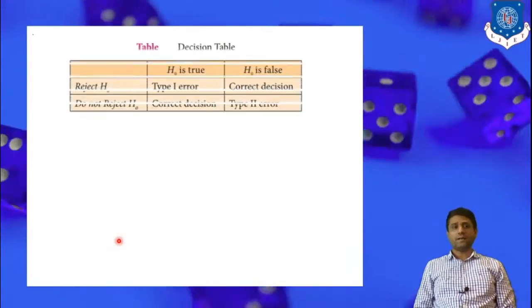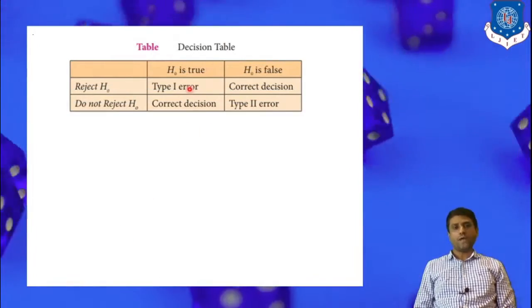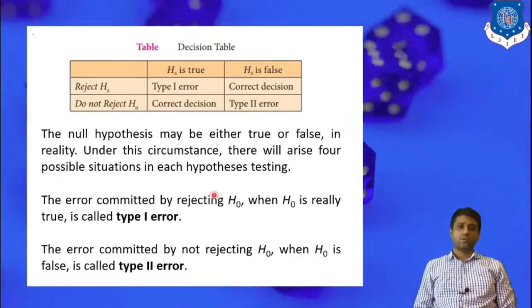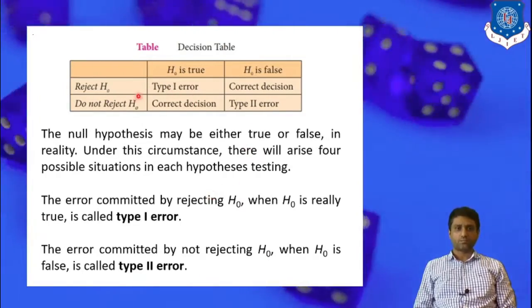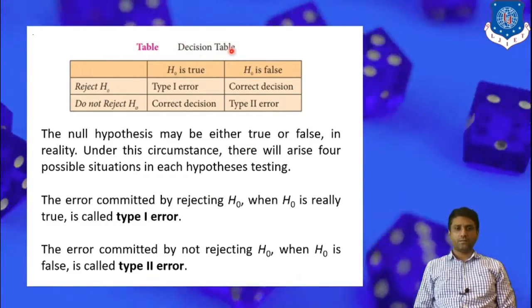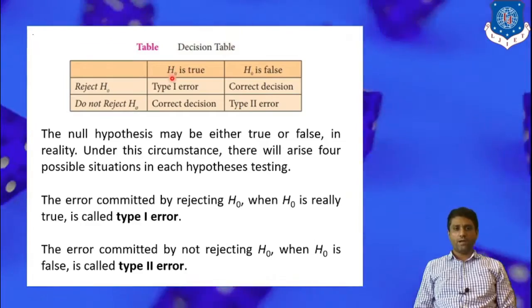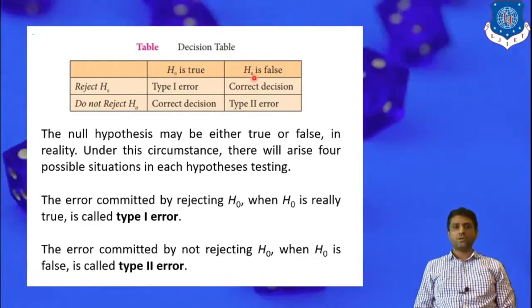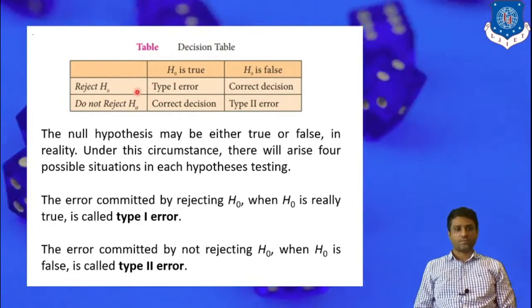So basically there are two types of error, type 1 error and type 2 error. Now we have to see them in detail. So we have to prepare a decision table. Here we write down H0, that is, null hypothesis is true, and H0, that is, null hypothesis is false.